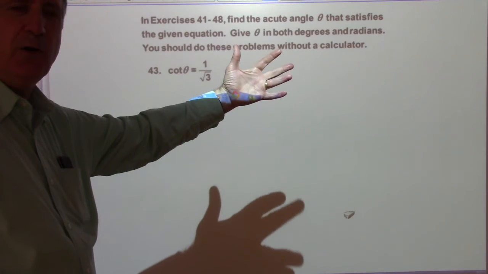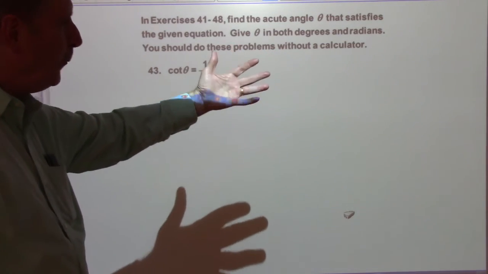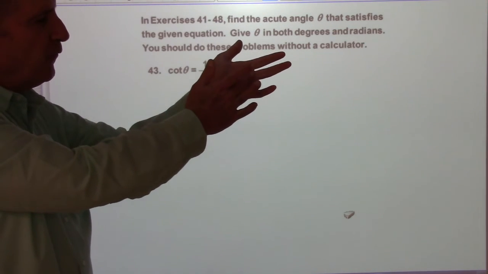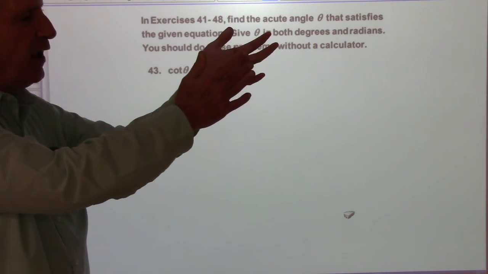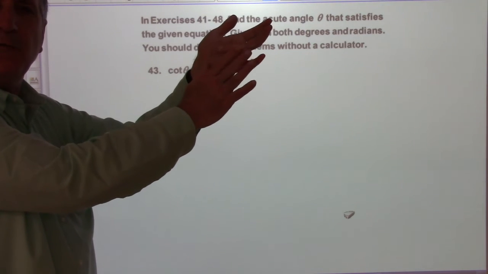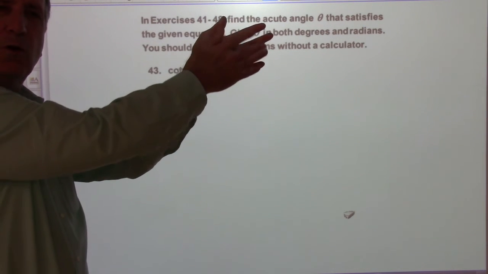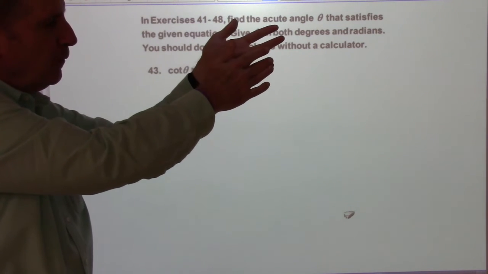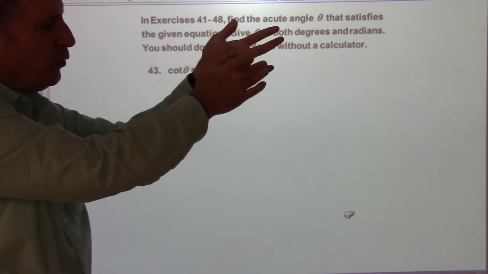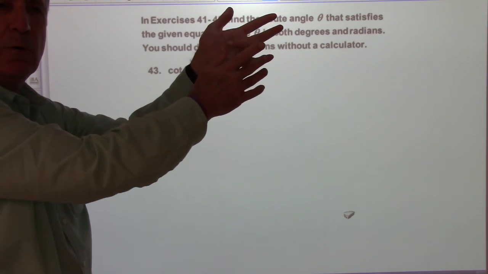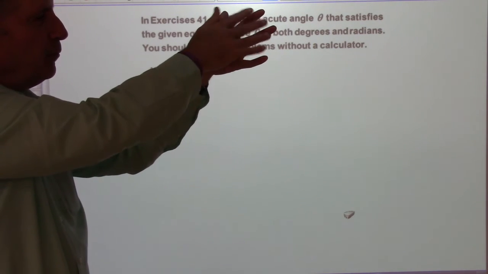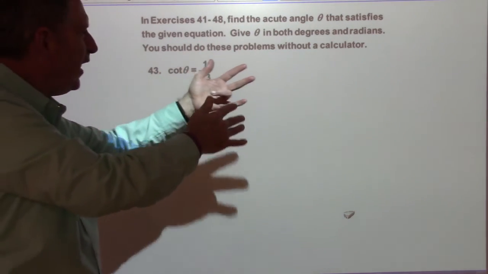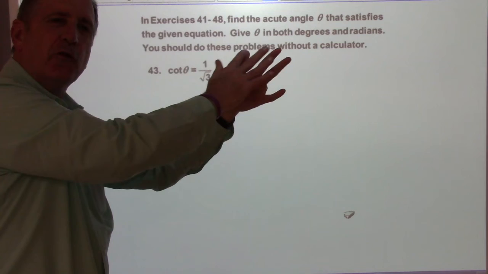So what happens is, your tangent is going to be square root of fingers below over square root of fingers above. So here, what's square root of 1? 1. What's square root of 3? Square root of 3. So the tangent is going to be 1 over square root of 3.